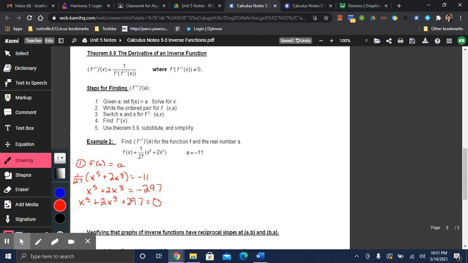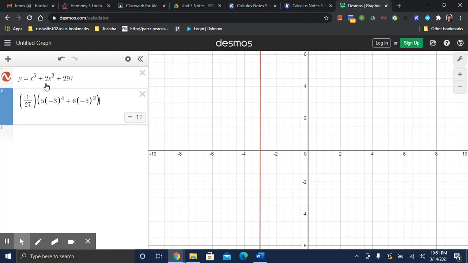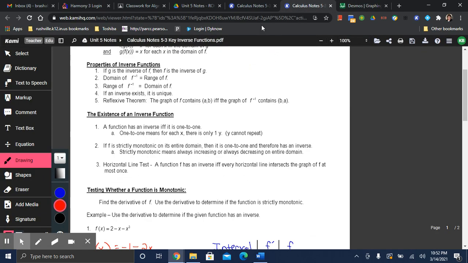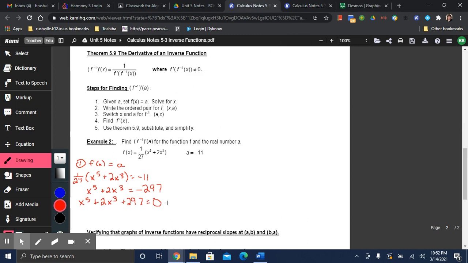So we're going to go to Desmos, and I already have this typed in for us. We're looking for the x-intercept, and it's at -3. So our x equals -3. And again, that was typing in y equals x to the 5th plus 2x to the 3rd plus 297. We get it crossing the x-axis at -3.